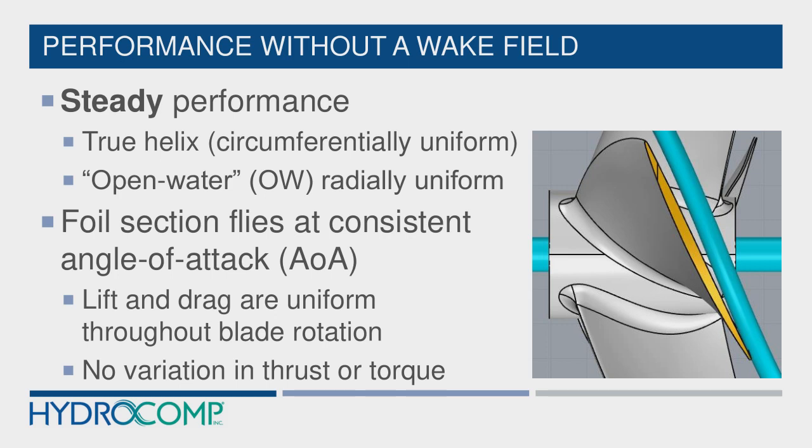It's what all of the propeller series that we've come to know, like the B series, are based on: an open water steady case. In this case, the foil section, that 80% yellow section, flies at a consistent angle of attack, unchanging throughout its rotation. So the lift and drag on the blade section are uniform throughout the rotation, and there's no variation in thrust or torque on the blades by any rotational or circumferential position.